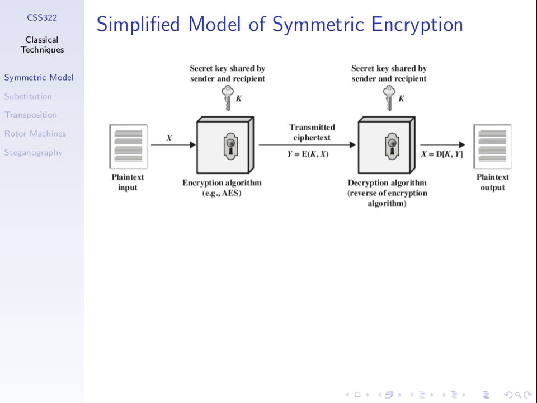AES is the name of an encryption algorithm. The algorithm is defined in some document. Everyone knows the algorithm, including the attacker. It's public to everyone in the world. So we'll assume that what happens inside here, the algorithm, is known by the attacker. It's public. And same with the decryption algorithm.